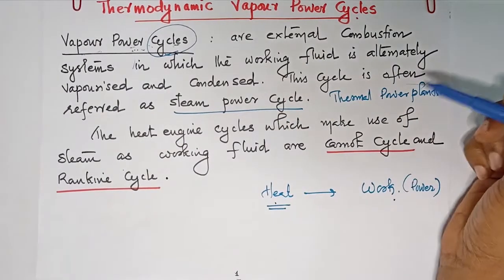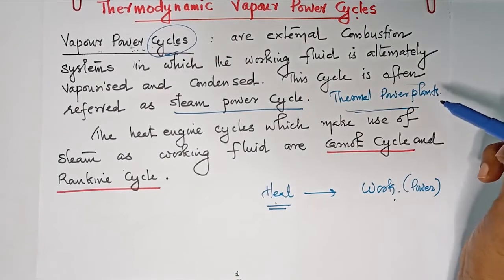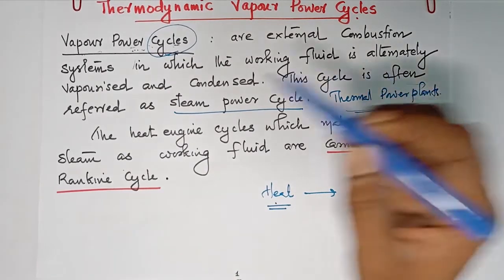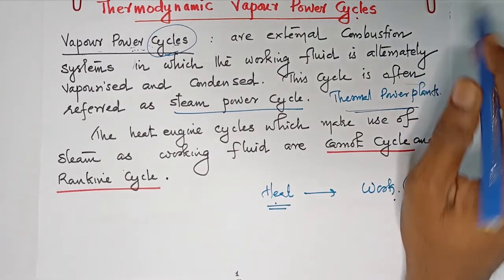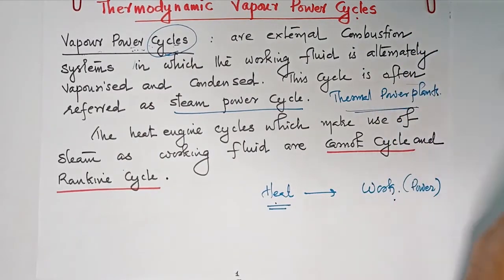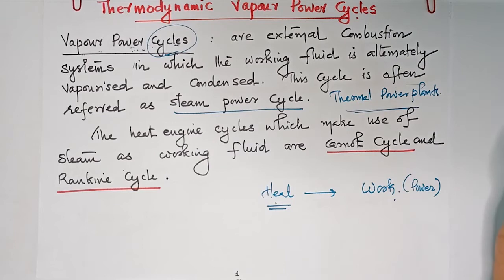So we are using these vapor power cycles in thermal power plants. Commonly we are using steam for producing the power. That is why it is also called steam power cycle.